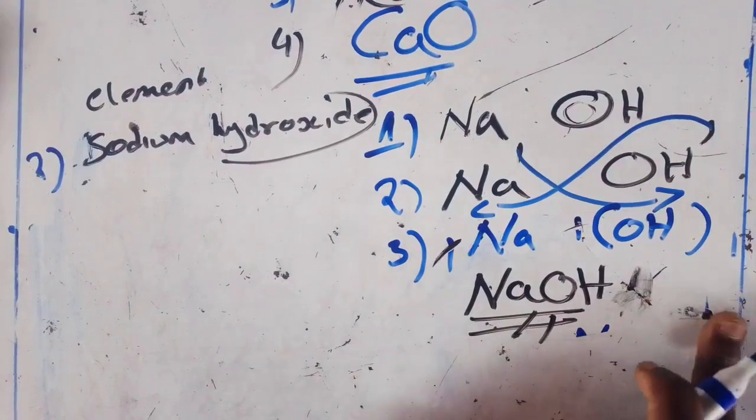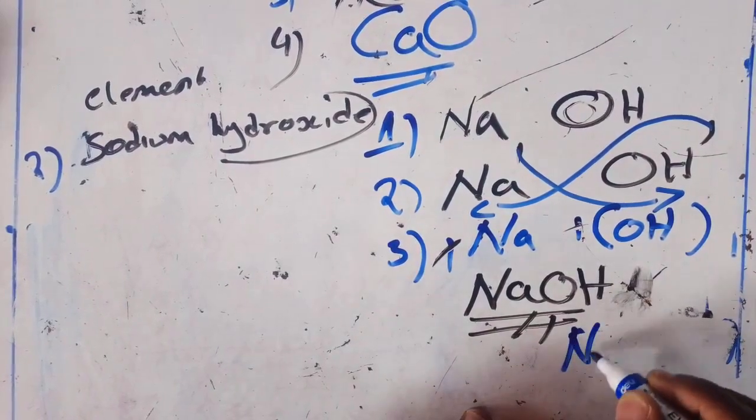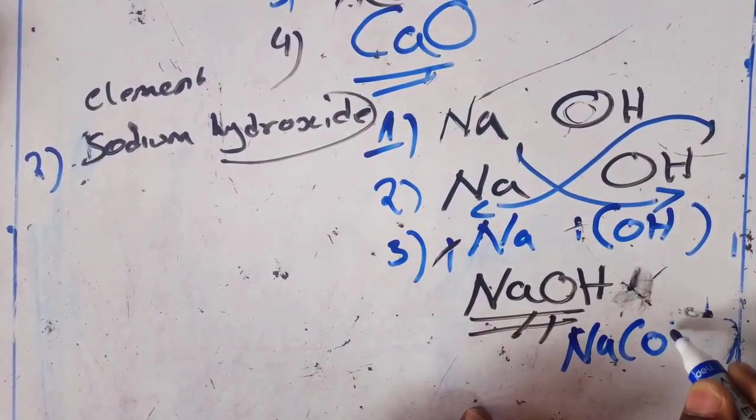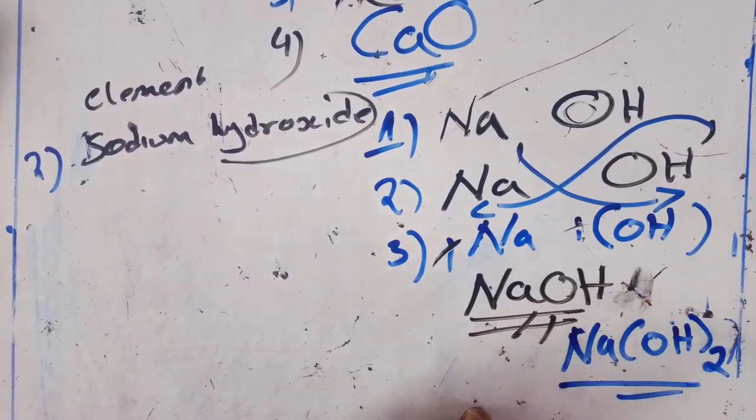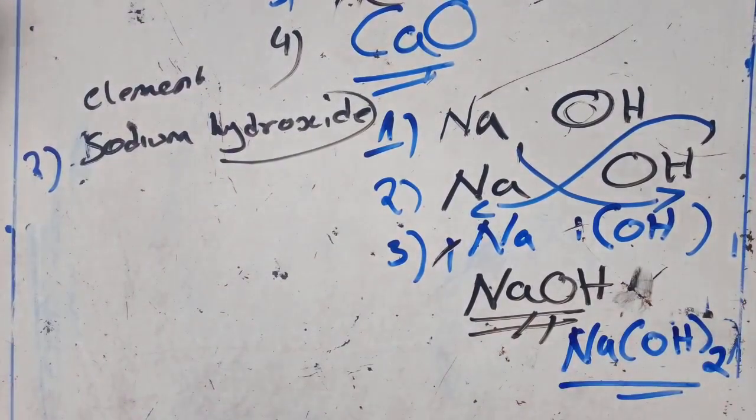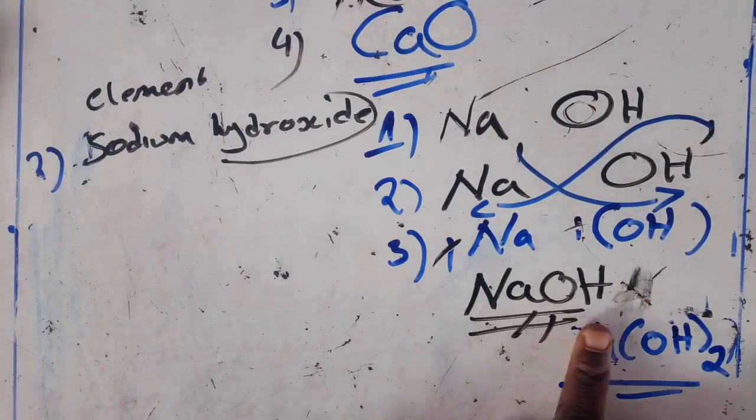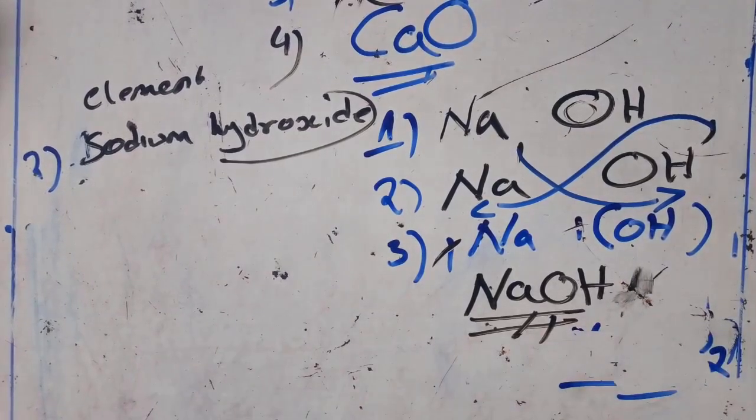Or you can write it like this. Yeah, it would be like this. So if sodium had the valence of 2, it would have been like this. But in this case, sodium has a valence of 1, so the answer would be sodium hydroxide. So this is the formula for sodium hydroxide.